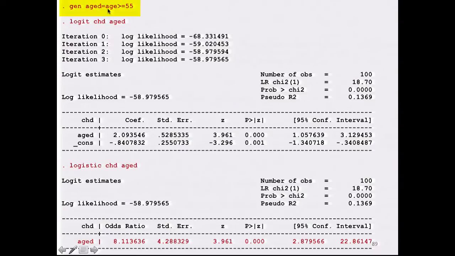The logical expression says to STATA, is age greater than or equal to 55? If the answer is yes, then age d becomes a 1. If age is not greater than or equal to 55, then this is a false statement, and so age d becomes a 0. So with just this one statement, it generates the dummy variable 0, 1 for age d.